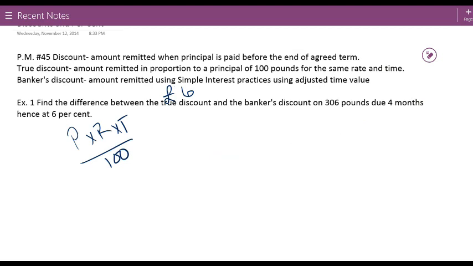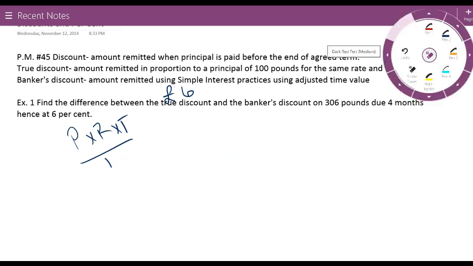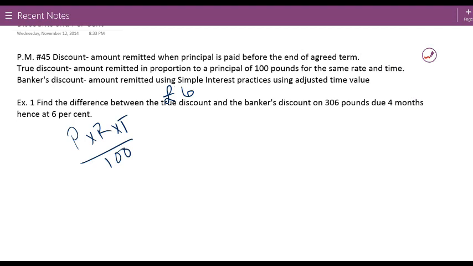Now let's find our banker's discount. Now our banker's discount, we're still going to be using the same equation for interest. We're just going to go ahead and plug in the values that we have and see what we get. So our principal in this case is 306.